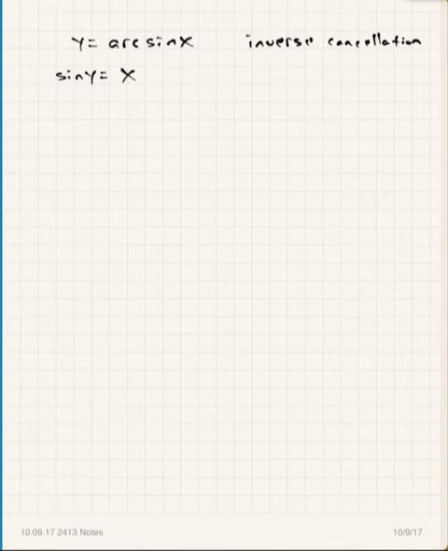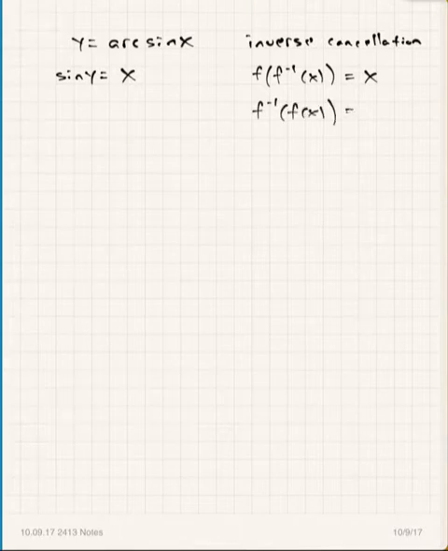Inverse cancellation, if you recall from algebra, is that if you take two functions that are inverses of each other and you compose them, so f of f inverse of x, you get x, and f inverse of f of x is equal to x. The inverses kind of cancel each other out. It's not really what's happening, but if you apply both the inverse function and the original function to an x value, it's like you're not doing anything at all.